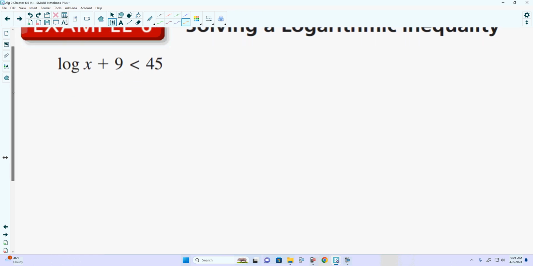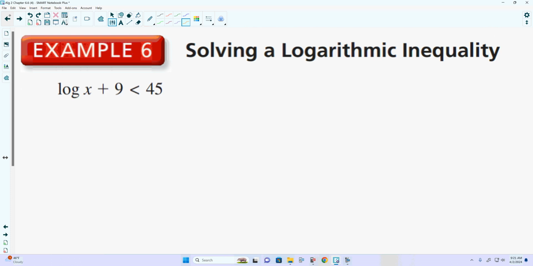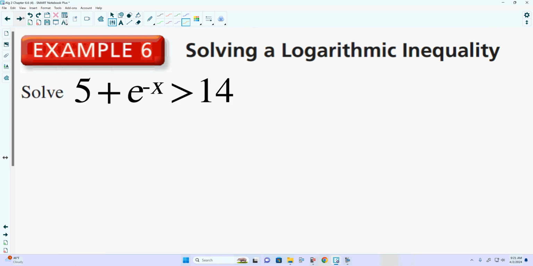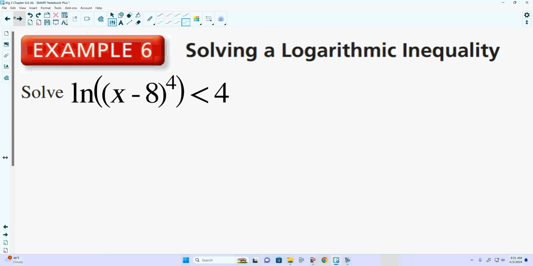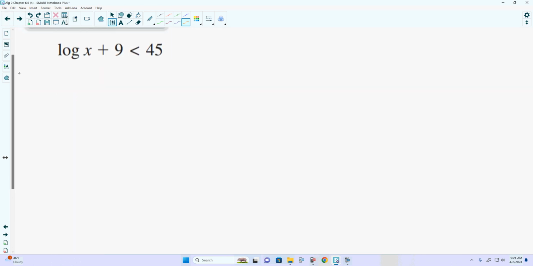Now this one here, I don't like. Looking at this, what is inside the log? X. If it was log of the quantity x plus 9, there would be parentheses.